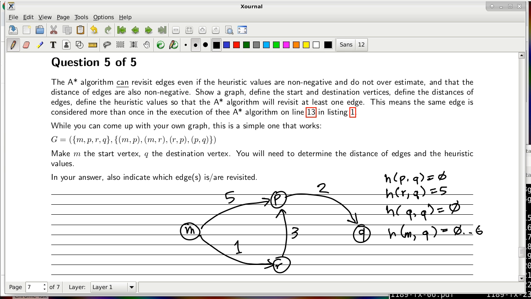The first time it updates is from infinity to 7, and then the second time it updates, it's going to be from 7 to 6, because it would have found the shorter path like that. But the best way to do it is really to run the algorithm on a piece of paper, so that way, you get more practice with the algorithm itself. So are we good with question number 5?